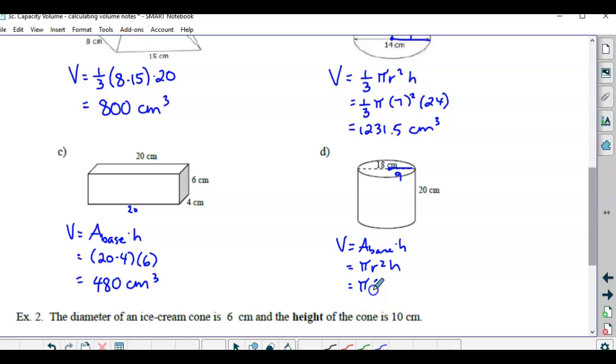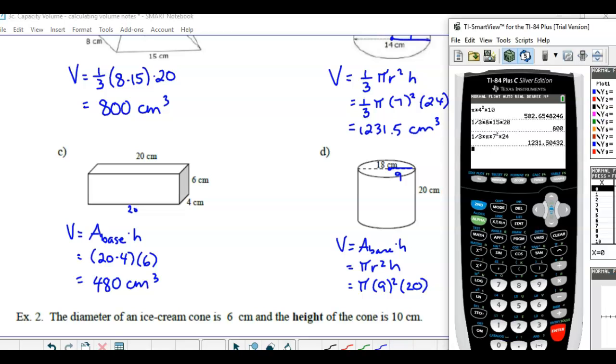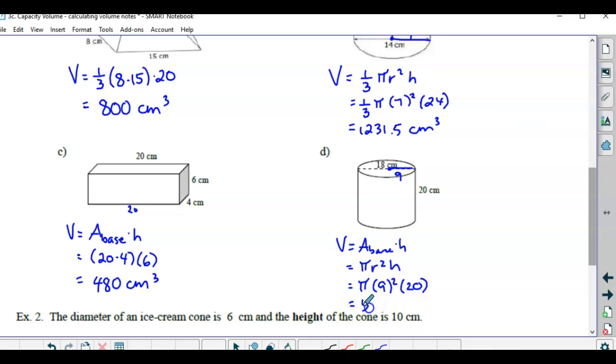So this is going to be pi times 9 squared times 20. So calculator there. Pi times 9 squared times 20 is 5,089.4 centimeters cubed.